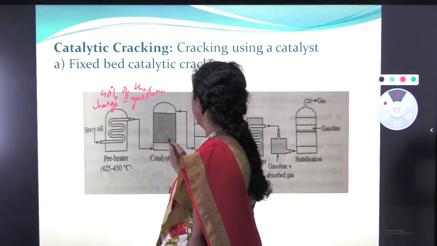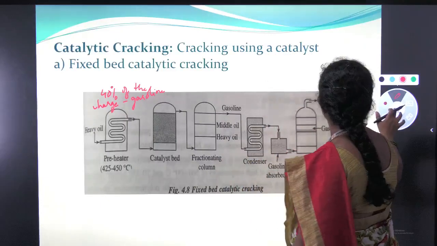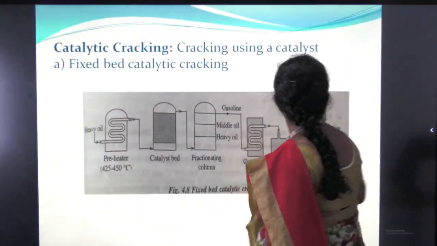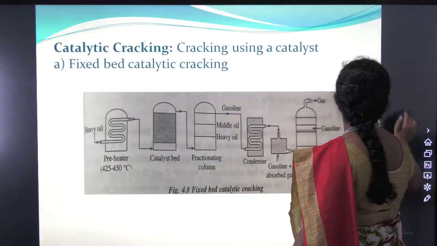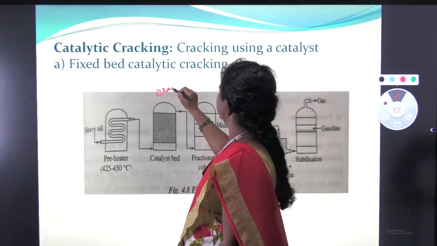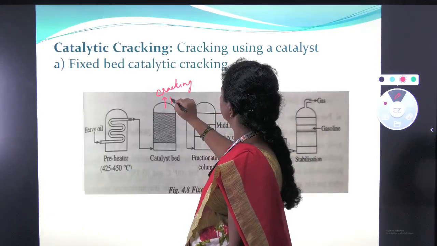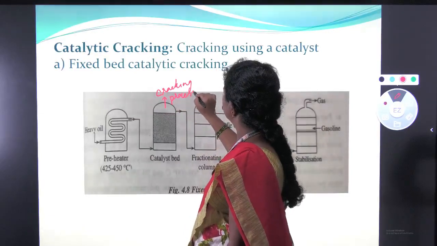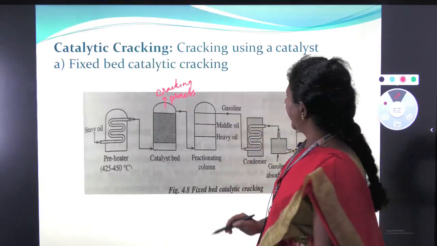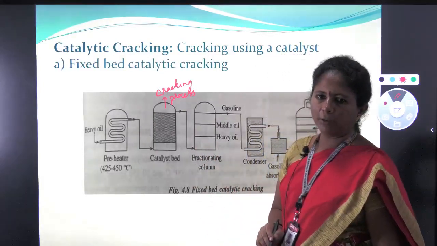Next, these vapors will be passed into the catalytic chamber. Here in the catalytic chamber, the cracking process takes place. Now the cracked products will be passed into the fractionating column.